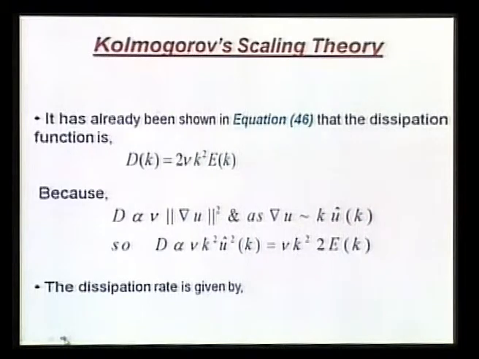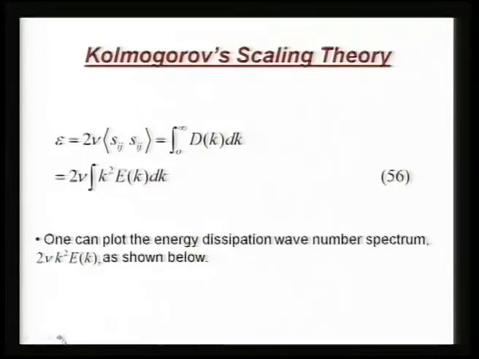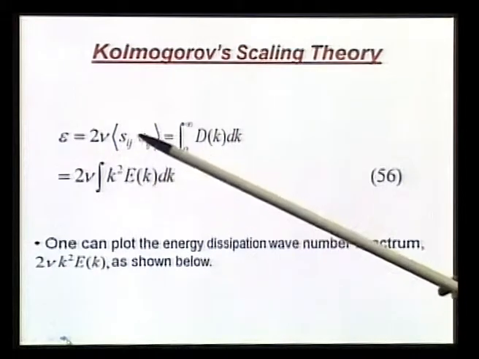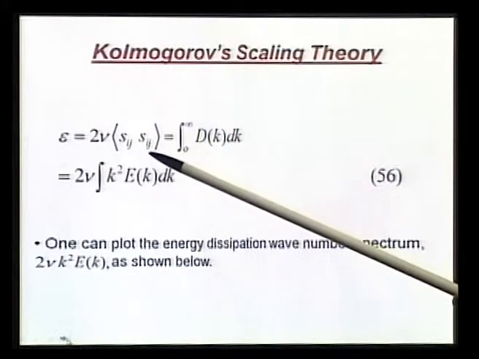So, if I have the energy spectrum sketch, from there I can also work out the dissipation spectrum. That is the relation given there, and we can plot the energy dissipation, which is given by nu times the fluctuating strain rate.